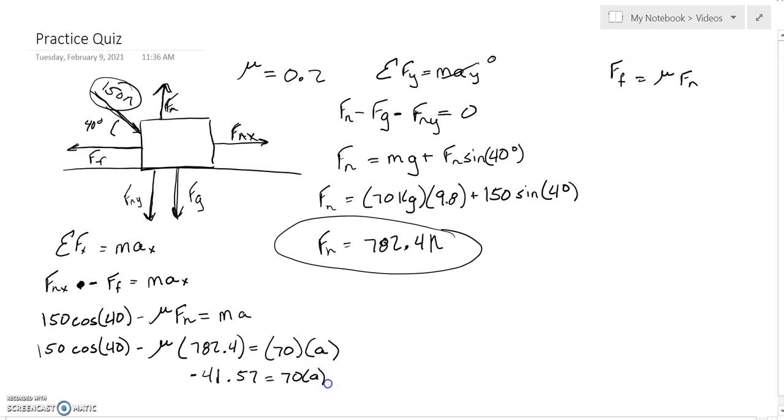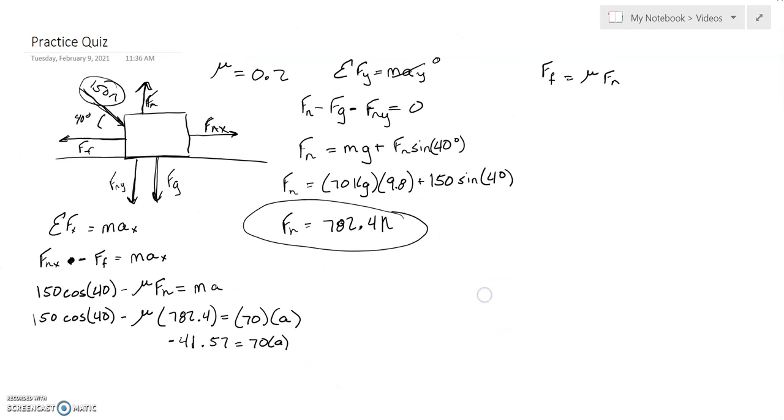I'll divide through by 70 to get acceleration, and that gives me acceleration to equal negative 0.59 meters per second squared.